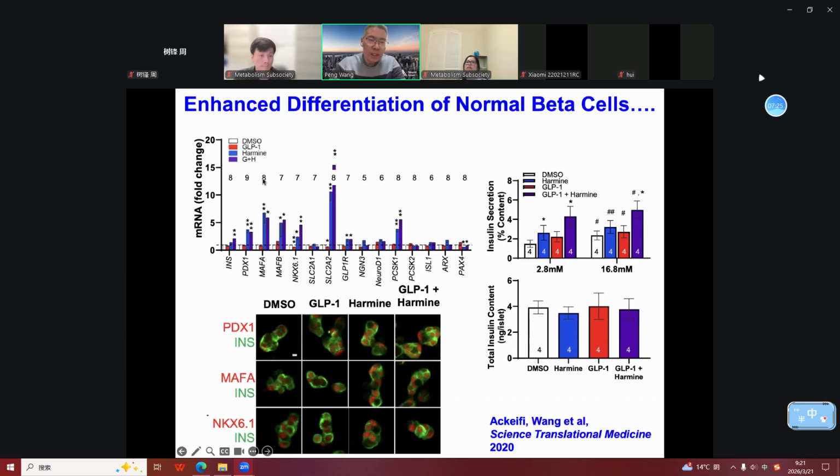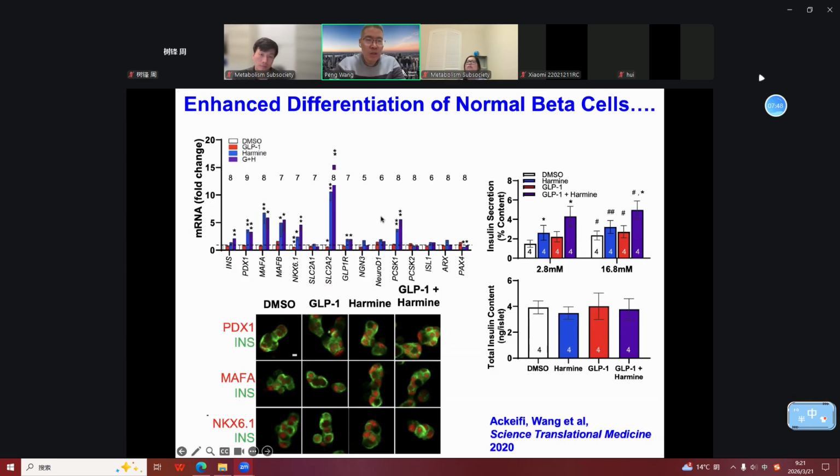combination. Surprisingly, we found that harmine alone can increase many beta cell function gene expressions, such as PDX1, as you see here, also MAFA, MAFB, NKX6.1, GLUT2, even GLP-1 receptor and PCSK1. Many of the beta cell function genes were induced by harmine treatment.